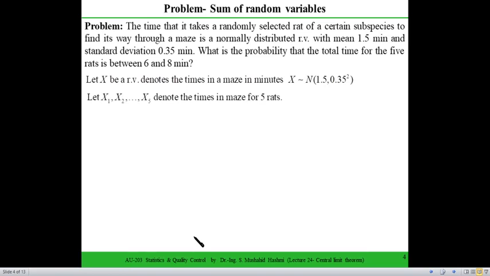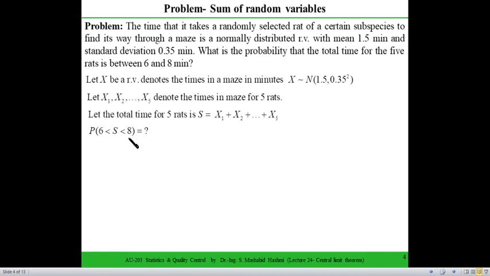So x1 is the random variable associated with the time which rat 1 took, and similarly x2, x3 up to x5 for these 5 rats. The total time for these 5 rats would be the sum of these individual random variables. In the problem, what is given is the probability that the total time, the sum x1 to x5, lies between 6 and 8 minutes.